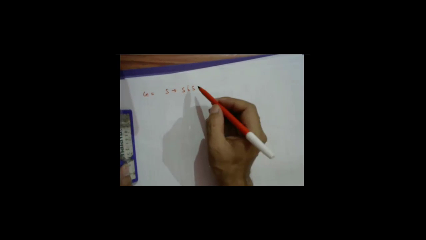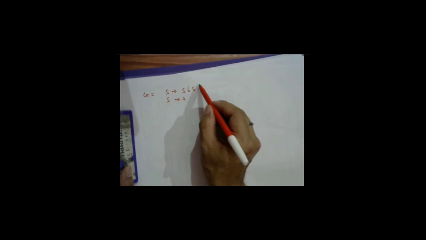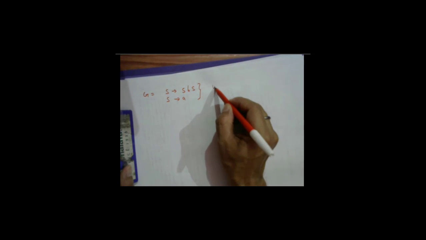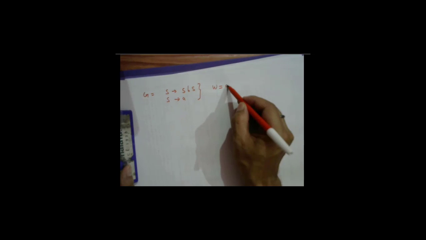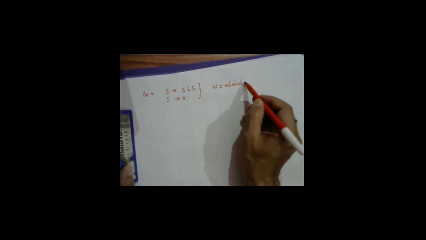Suppose the grammar G is in the form of S tends to S B S, or S tends to A. Then if you want to derive the string W of the language from this grammar, the string is A B A B A B A B A B A. This is the string which you want to derive from this particular grammar.